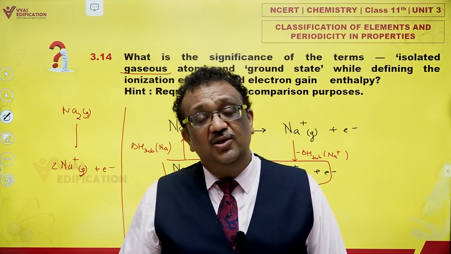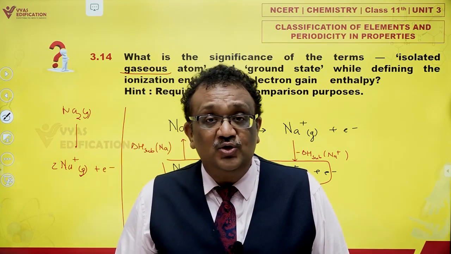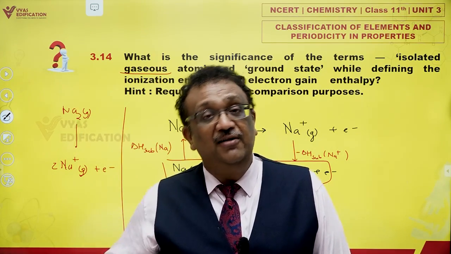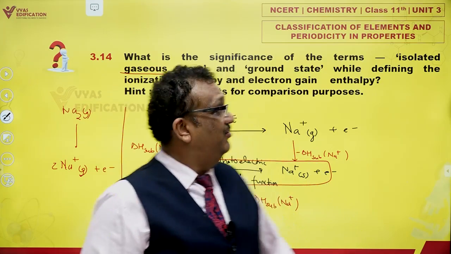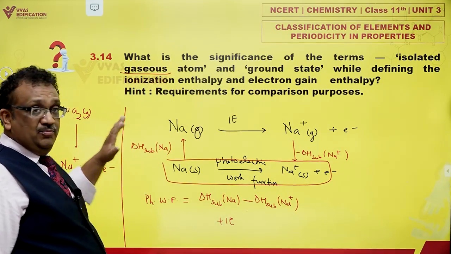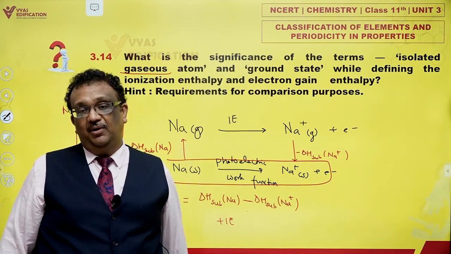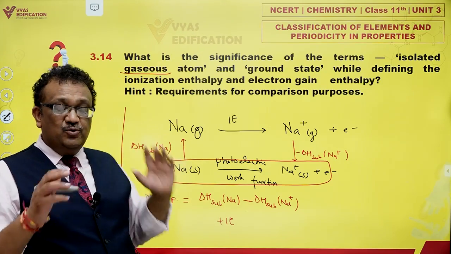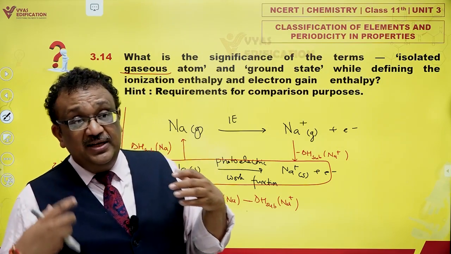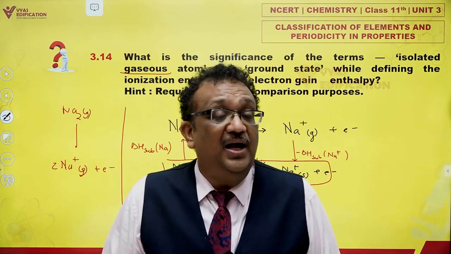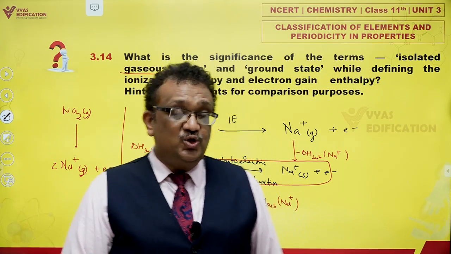That is another additional nuisance, that is extra energy. So I'll keep on getting different values. Unless I have an isolated gaseous atom, I will not get a unique number. If I want a unique absolute number which is experimentally reproducible, I have to be accurate.